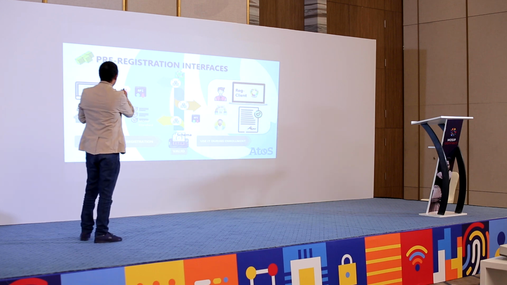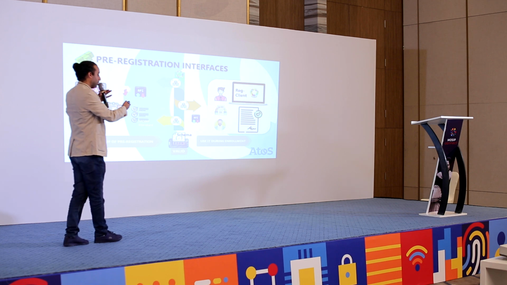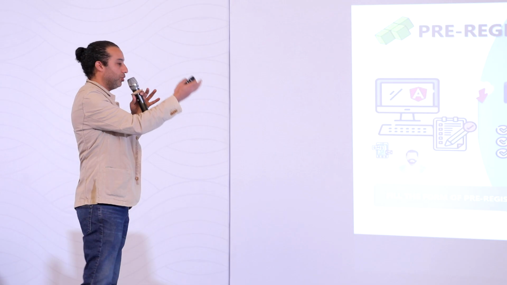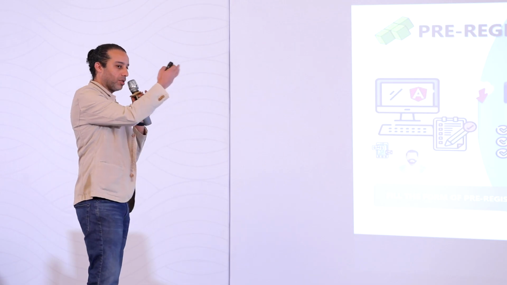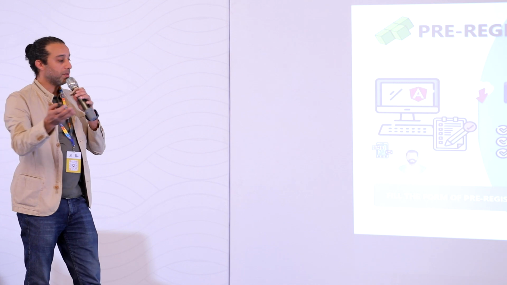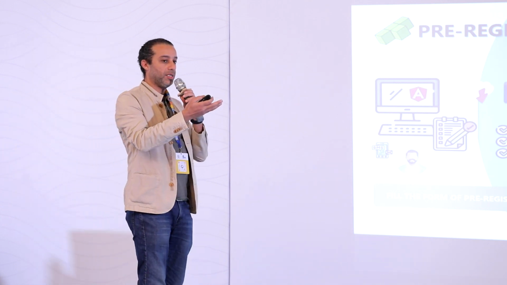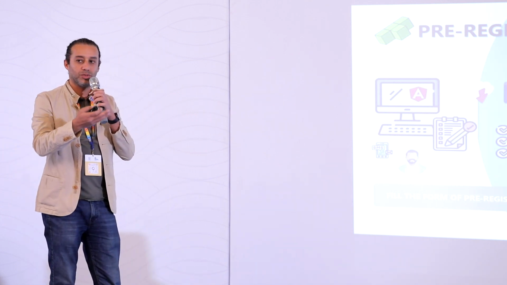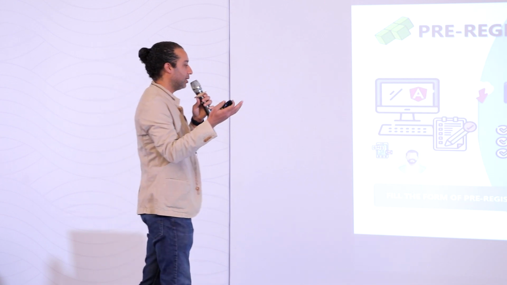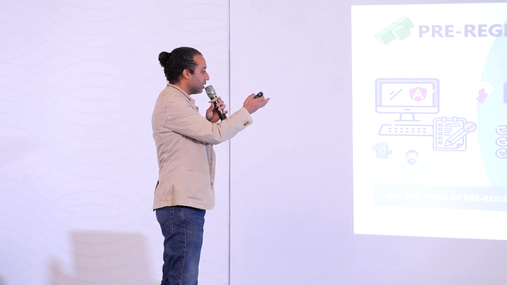Here we have an integration point, which is APIs with the back end of MOSIP. So there are services for pre-registration that you can use and build your UI around. MOSIP actually gives a reference implementation of the pre-registration, which is pretty robust and can be used.